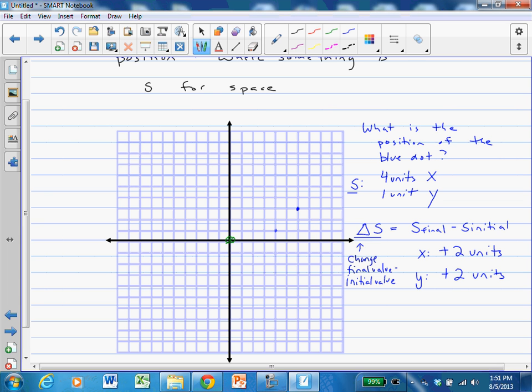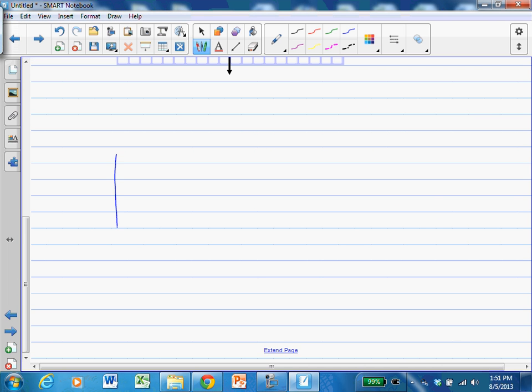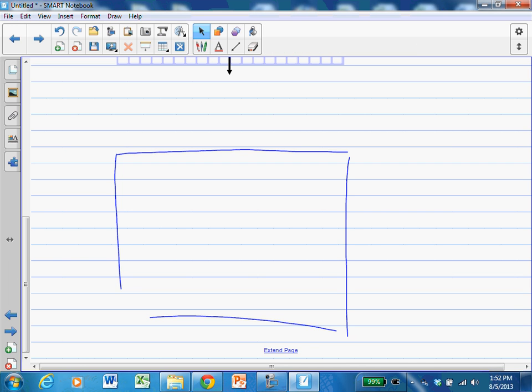But imagine you were told you're standing in the middle of a gym, right? So here's your gym. And you're standing in the middle right here. And your gym teacher says, move 10 meters.